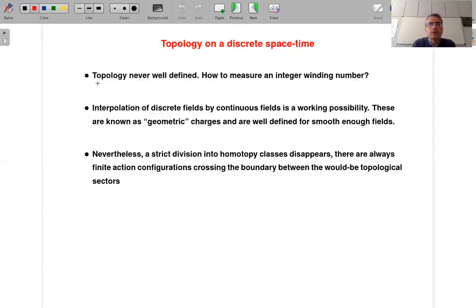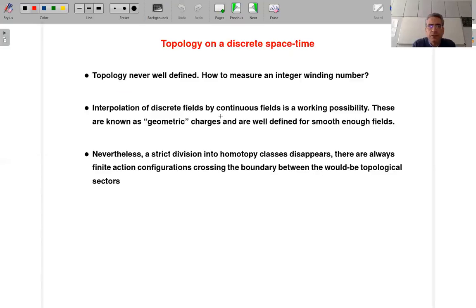So, strictly speaking, topology is not well defined on a lattice because we don't have a concept of homotopy. How can we measure an integer winding number on a discrete space-time? One possible idea is to make an interpolation of the discretized fields by continuous fields.